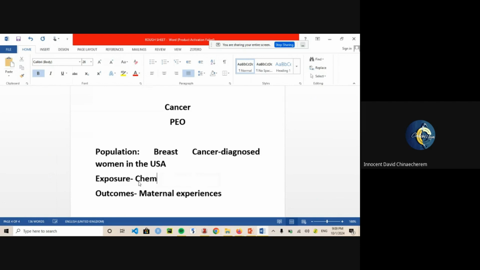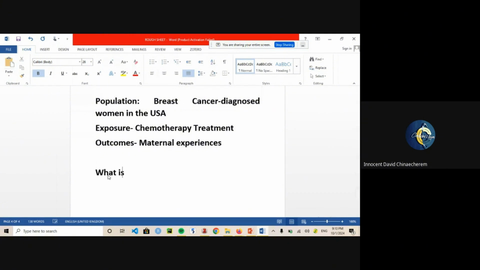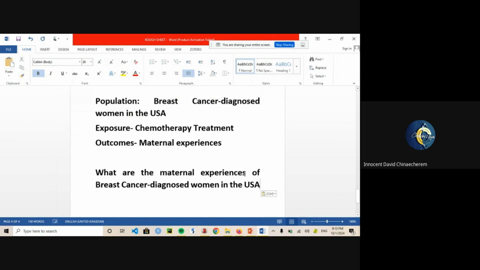Then exposure is chemotherapy. So now I could come up with what are the maternal experiences of. Right? Good. So the question is now clear.